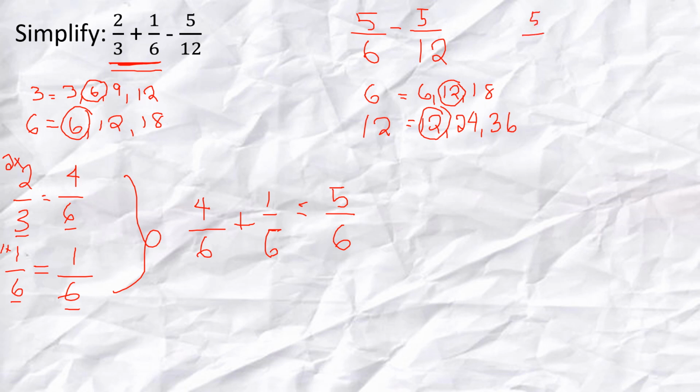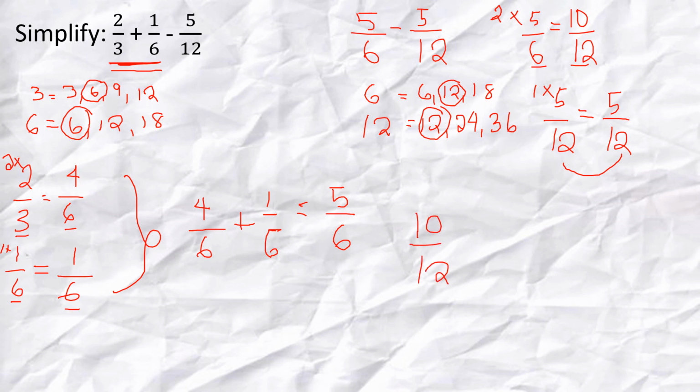So 5 over 6 equals, the LCD is 12, 12 divided by 6 is 2. 2 times 5 is 10. And then 5 over 12 equals, 12 divided by 12 is 1. 1 times 5 is 5. So we now have the two new fractions as 10 over 12 minus 5 over 12. We will get 5 over 12. Since 5 over 12 is already in the simplest form, this is now your final answer.